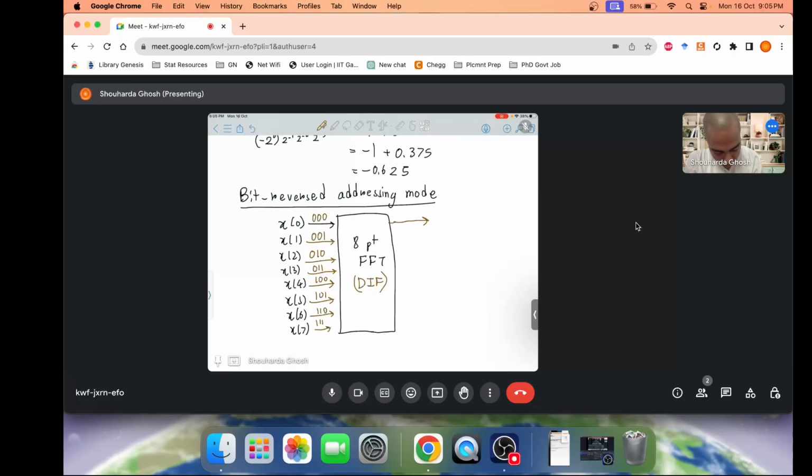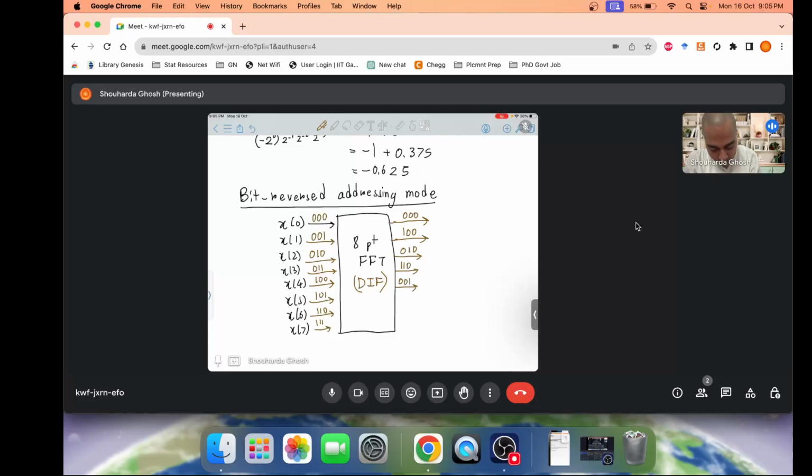So if you take these 000 bits and you take the mirror image, you get 000 back. Similarly for 001 you get 100, 2 remains the same, 011 becomes 110.